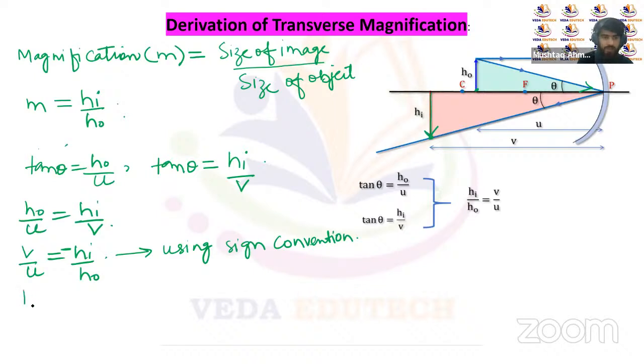Now this hi upon height of object is the magnification, and it will be equal to minus v upon u.